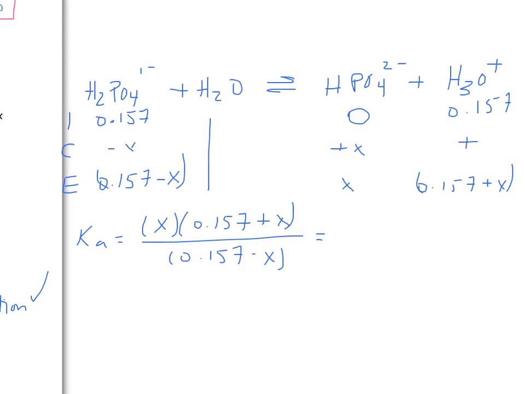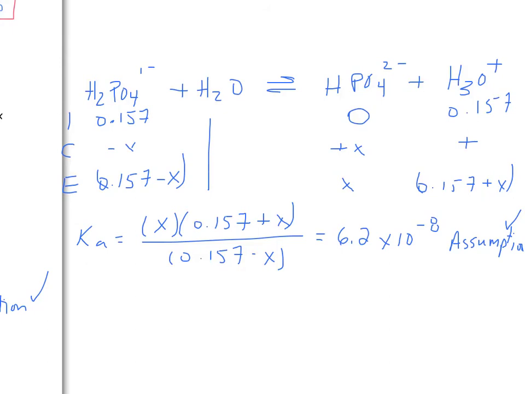My second donation has a Ka value of 6.2 times 10 to the minus 8. To avoid expanding out and doing quadratic, let's try the assumption. And it works. If I take my lowest concentration, 0.157, and divide it by the constant, it is far greater than 500.